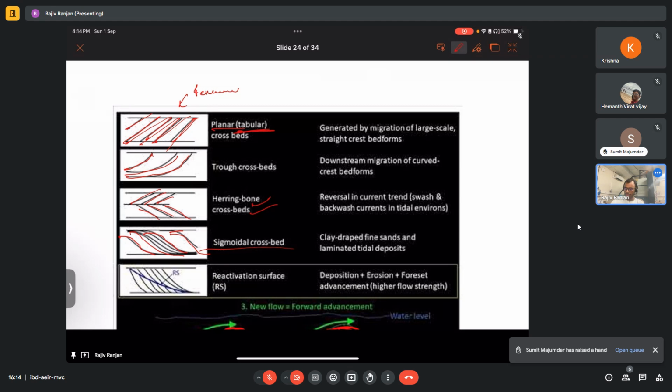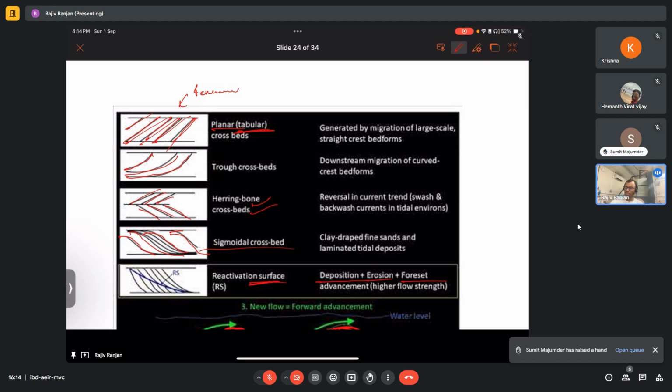And here we have a reactivation surface, so the same surface can get reactivated. How? Deposition plus erosion. If the direction or the energy condition changes, this leads to reactivation of the same surfaces.